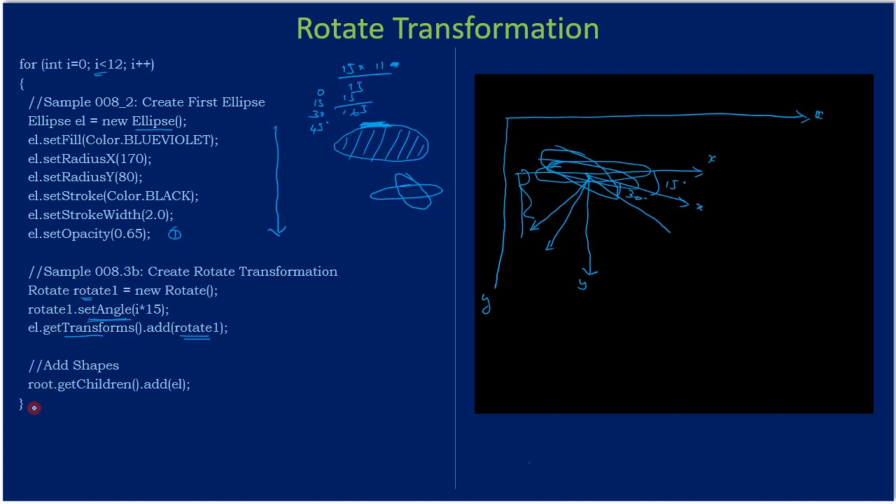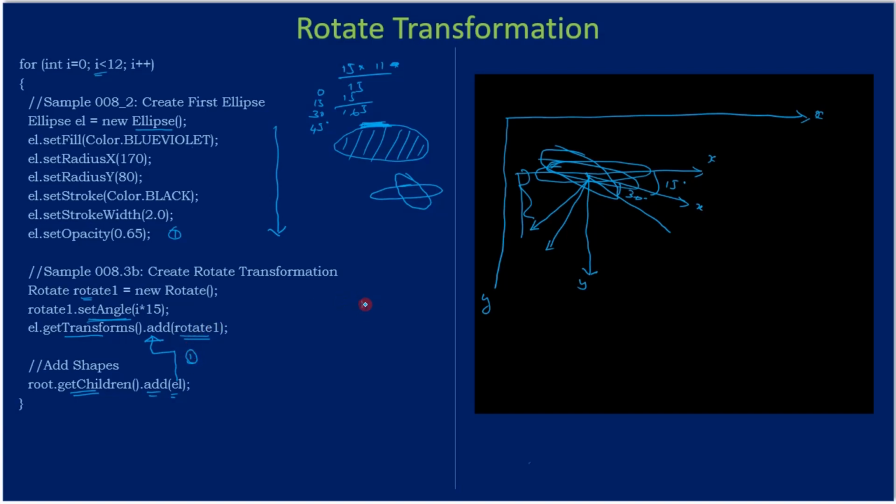Finally, we get root. Root is a stage's root. So in the scene graph we retrieve the root, we retrieve the children, and we add the elliptical node. And remember, this elliptical node already contains a collection that has the transformation. So we have only one transformation at this moment.